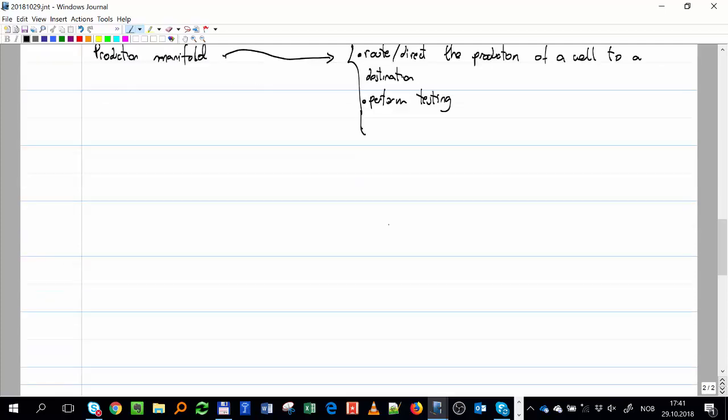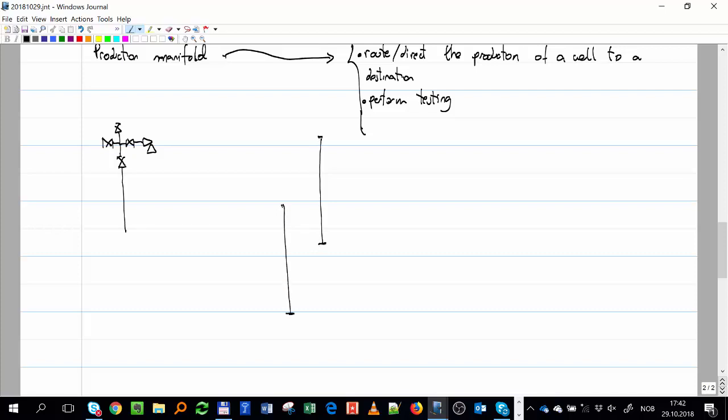Okay, so what does the production manifold look like? If we have a well, we can make it much simpler. We have our collection of valves like that. So we have here a manifold, and let's say we have another manifold. One manifold is connected to, let's say, a separator.